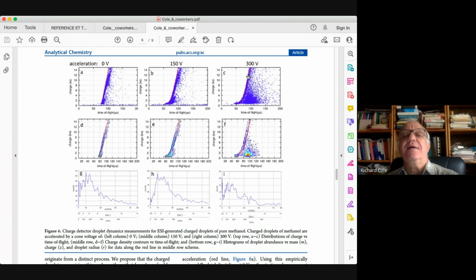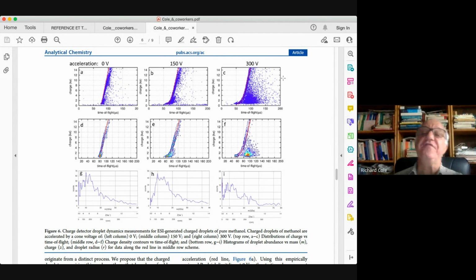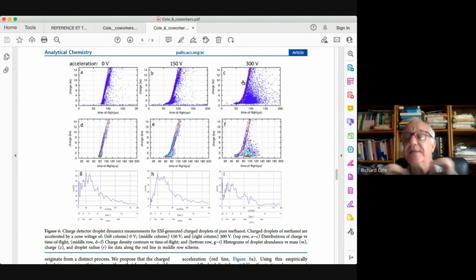In each case, especially here at 300 volts acceleration, there are a few points to the left of ideal behavior. There are two possible explanations for an increased acceleration of these droplets relative to what one would expect at the Rayleigh limit.